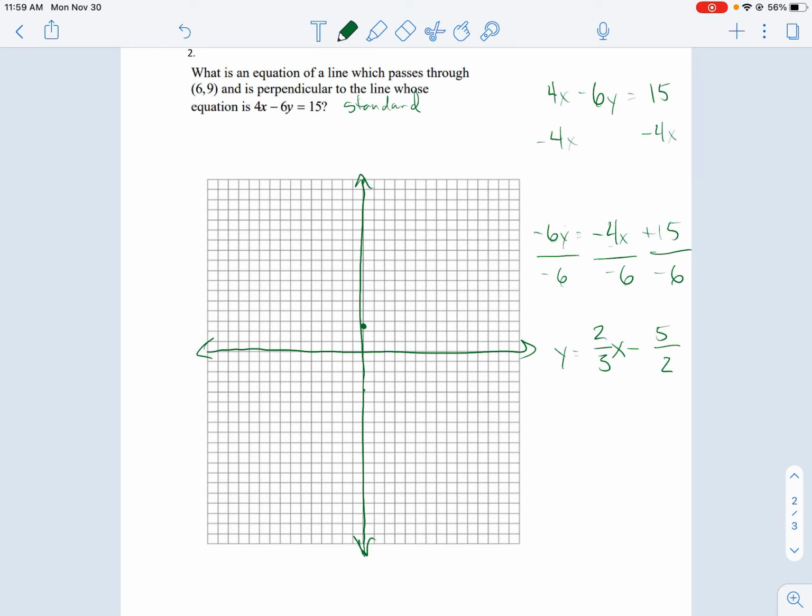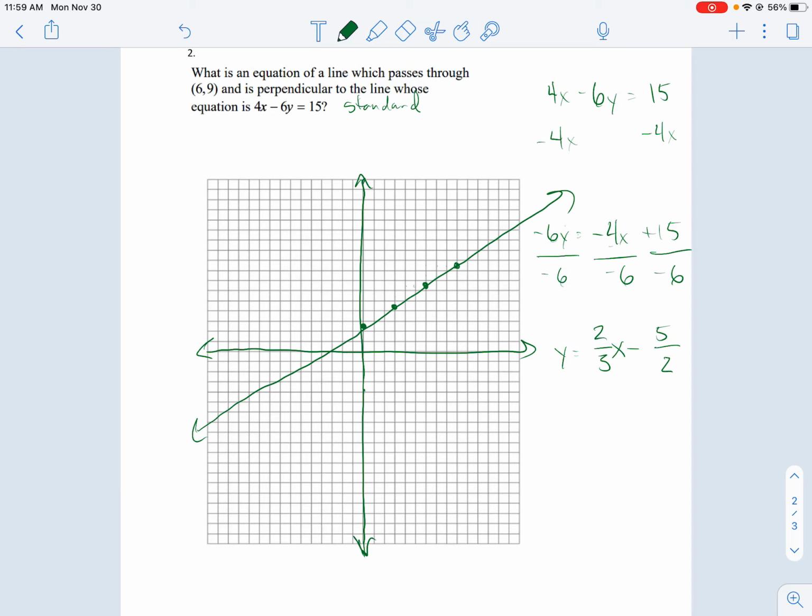Then we're going to go up 2 over 3, up 2 over 3. And there is this line.